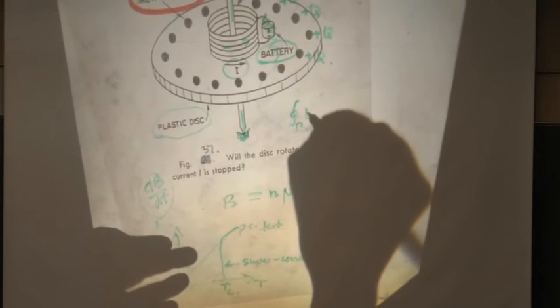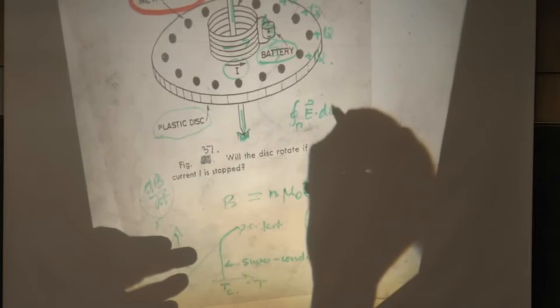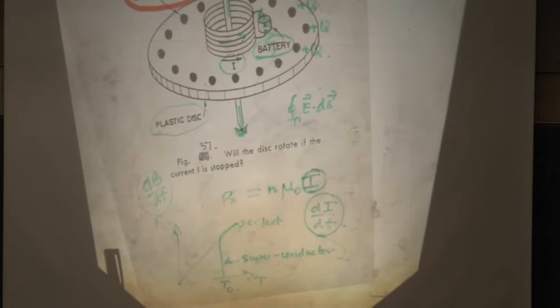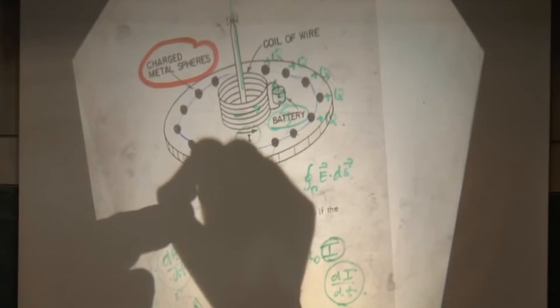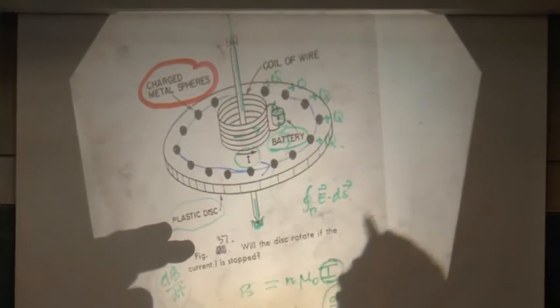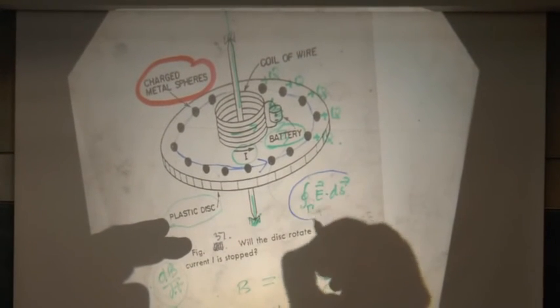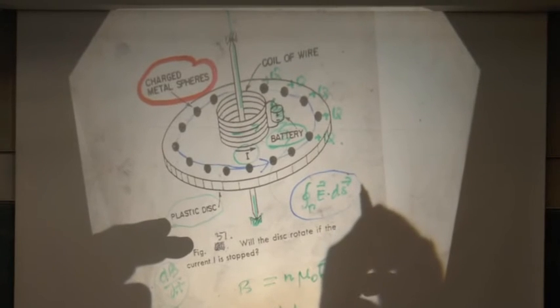If I now go round this loop, sort of running out of colours here, I've got a blue pen somewhere. If I now go round this loop, there is a non-zero line integral because I've changed the magnetic field.